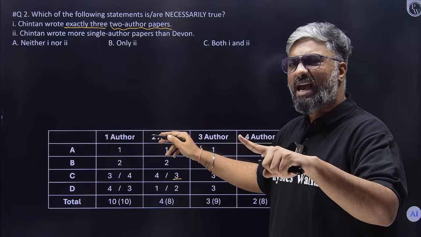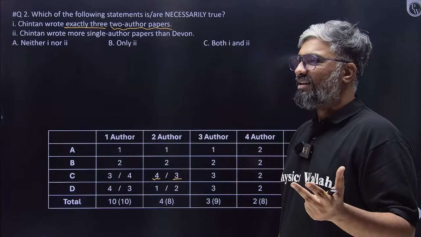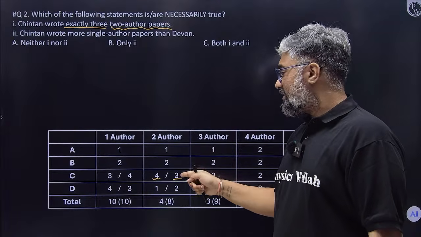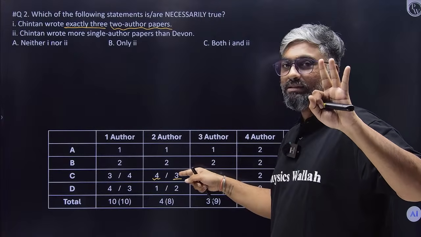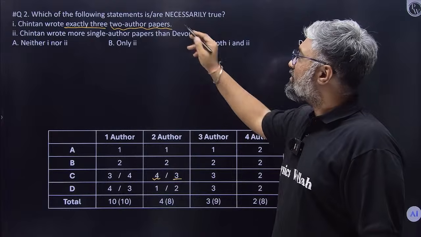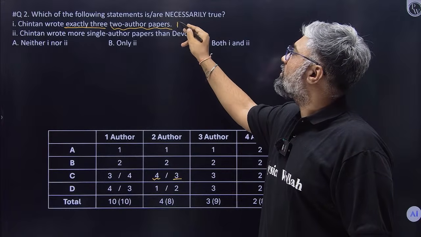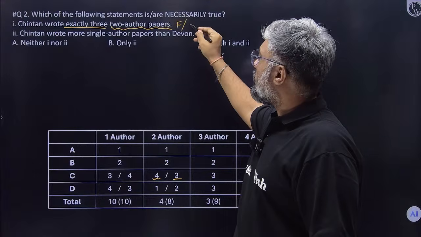In one case, yes. But in the other case, no, Chintan has not. He's written 4. So is this necessarily true? No. This need not be necessarily true. Sometimes it's false, sometimes it's true.